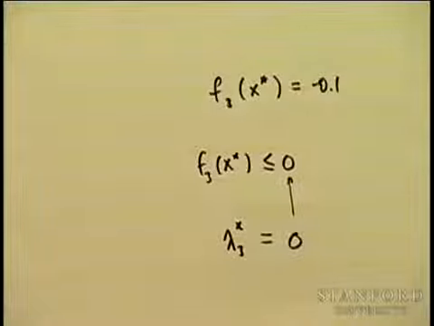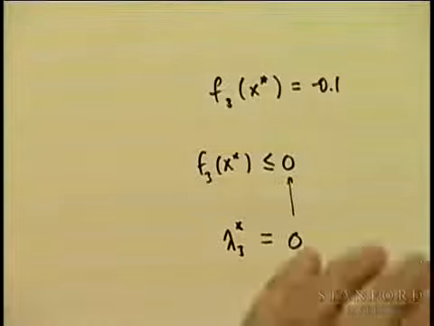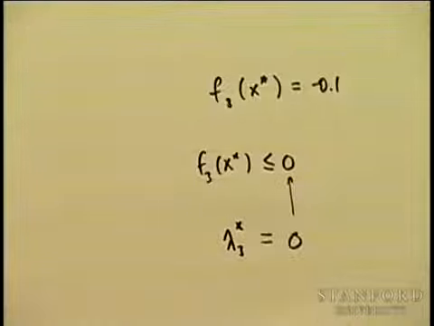Okay? So now you know what it means if you have a big optimal Lagrange multiplier, or small. Big means that constraint, first of all, it better be tight. Has to be tight. So far we've had a qualitative idea of tightness of a constraint.